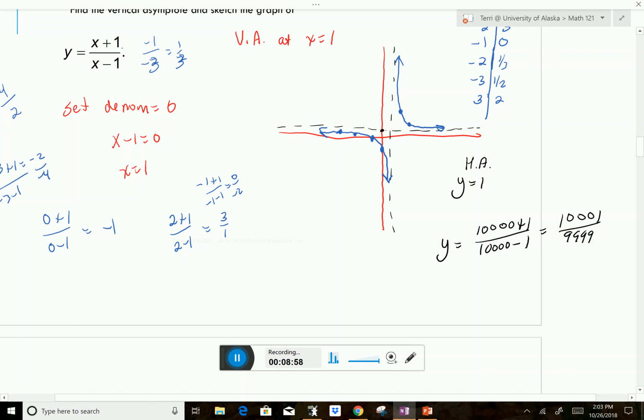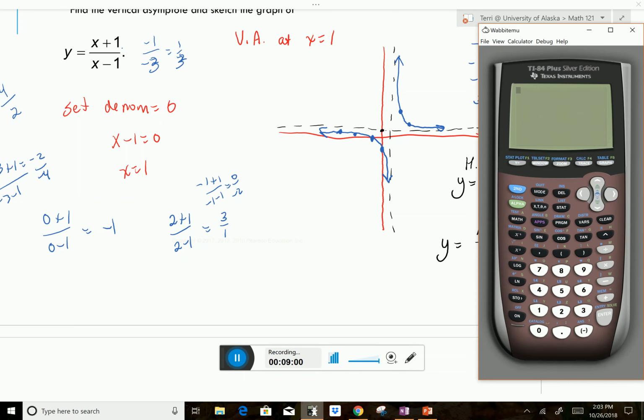What happens when x gets really, really negative? If I was at negative 10,000 plus 1 over negative 10,000 minus 1, what would happen? Just the opposite, right? This is going to be negative 9,999 divided by negative 10,001, and that's pretty darn close to 1 also.